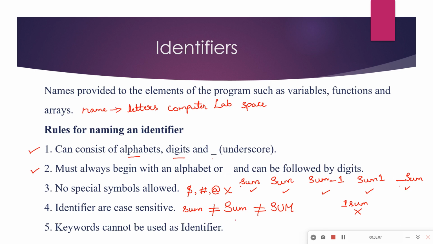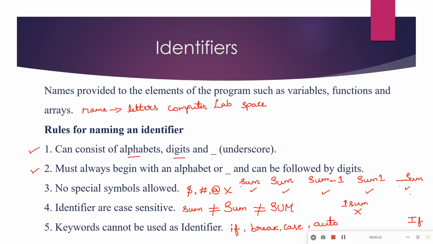Then keywords cannot be used as identifiers. Keywords we have already learnt in the previous video, for example, if, break, case. We have 32 keywords in the C compiler, right? All these cannot be used as identifiers. But you can use something like capital letters IF.